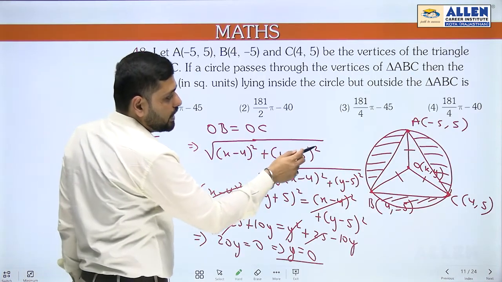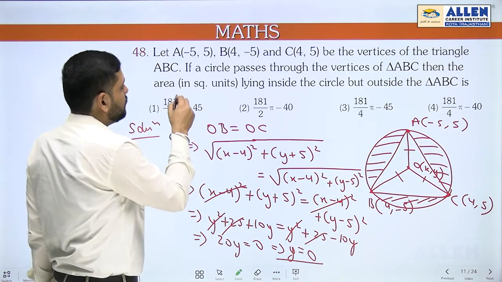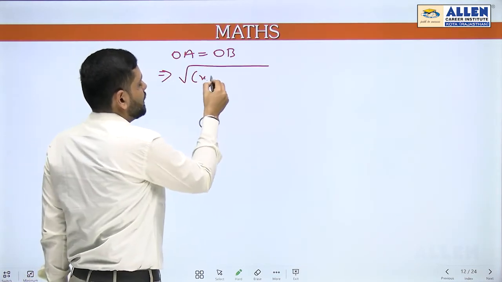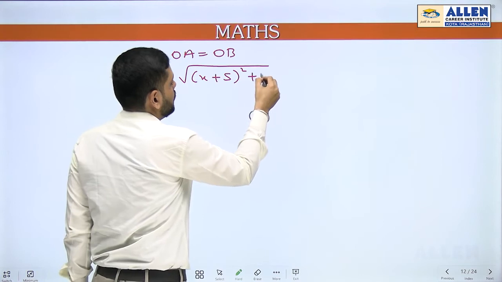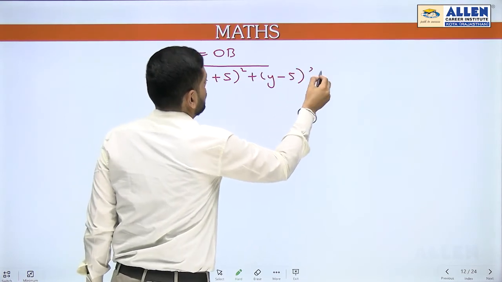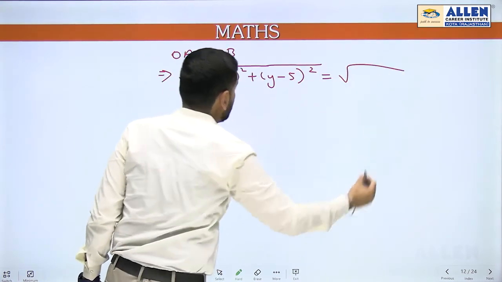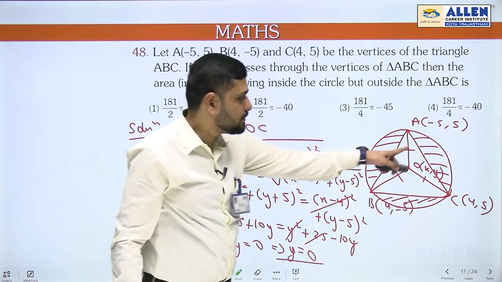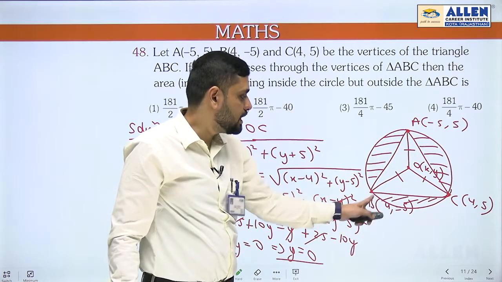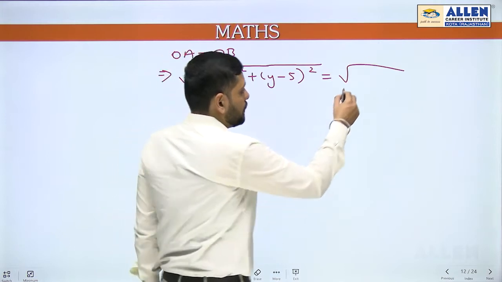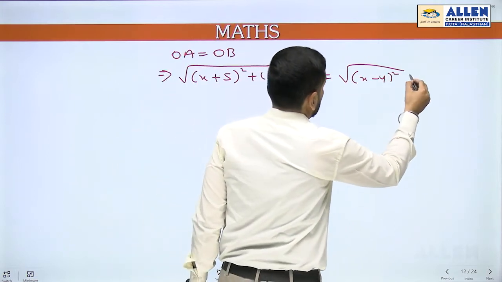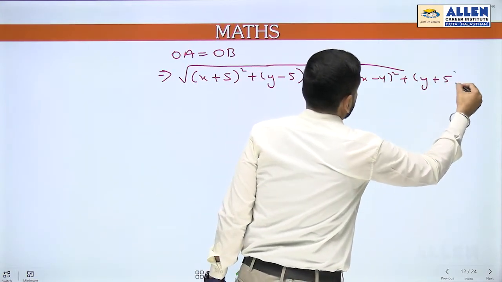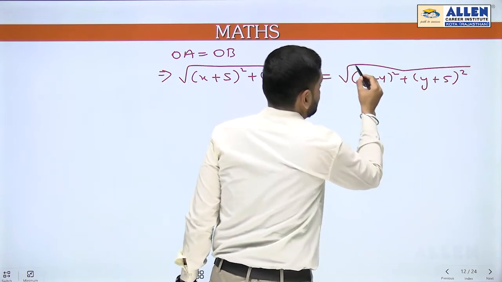So if we take OA equal to OB, we get under root of x plus 5 square plus y minus 5 square, that is OA, equal to under root of x minus 4 square plus y plus 5 square.